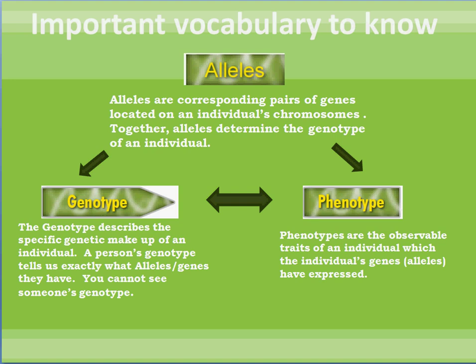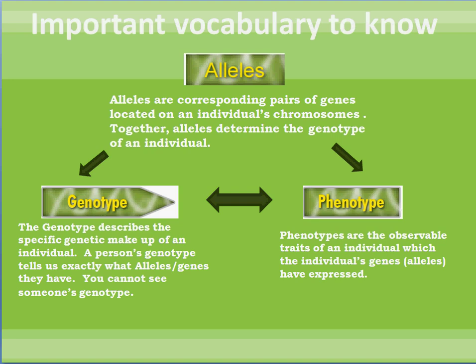A phenotype, on the other hand, are the observable traits of an individual which the individual's genes or alleles have expressed. An analogy of genotype and phenotype would be writing computer code for a video game. The letters and the numbers and the symbols that you type in to write the code are kind of like the genotype.